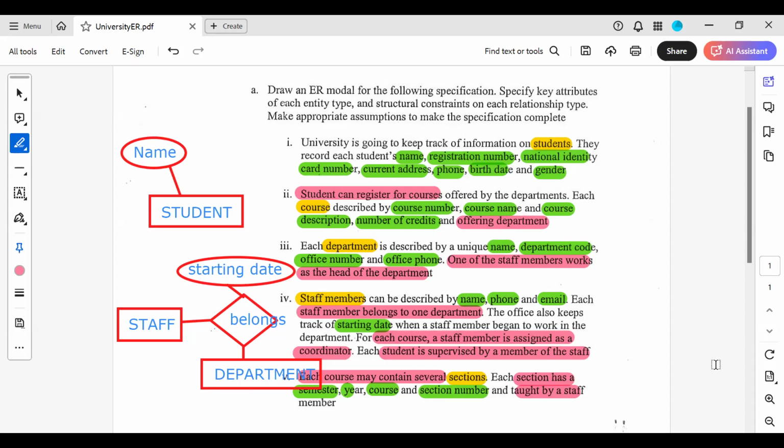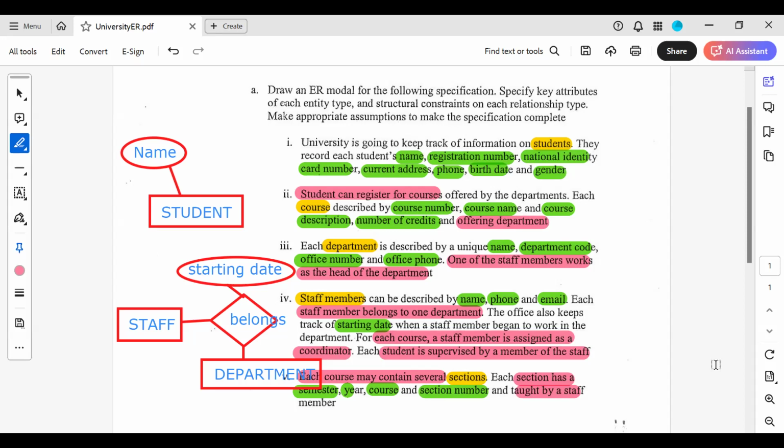On the other side, it's not very clear. Take a staff member, how many courses can you coordinate? Can you think of that? One side is very clear. For each course, a staff member is assigned as a coordinator. So for the course, you can have a maximum of one member.